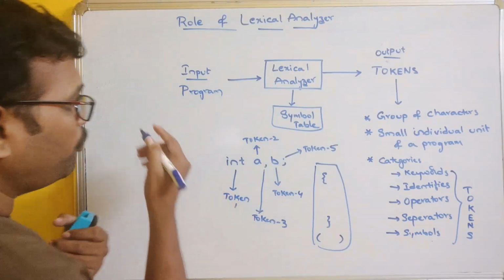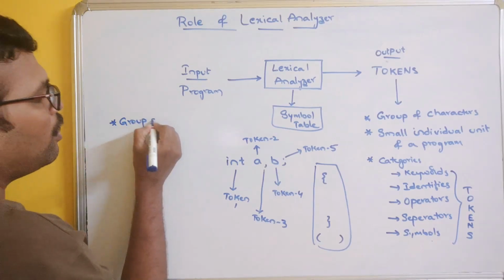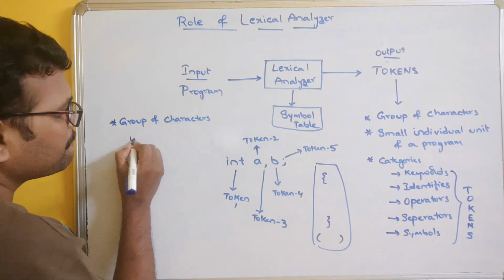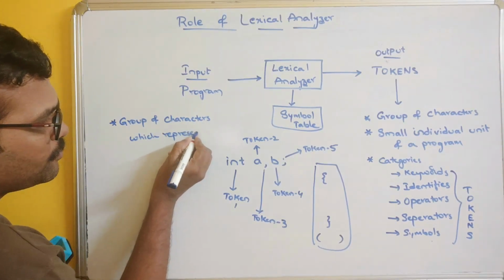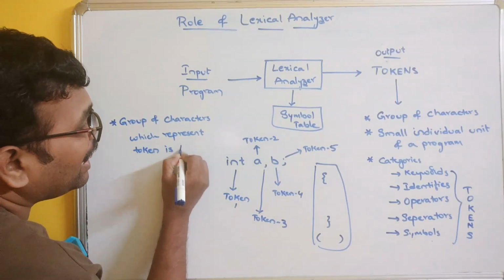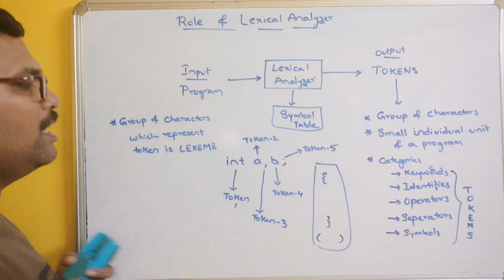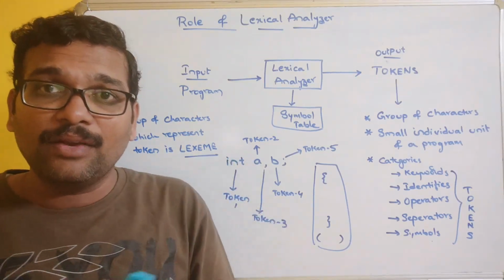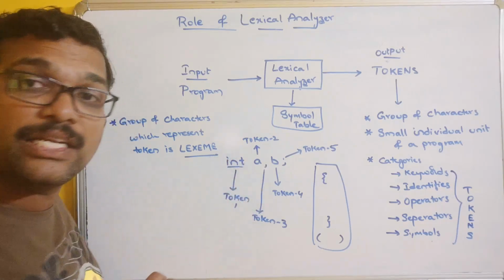And one more concept: the group of characters which represents a token is a lexeme. Lexeme means a group of characters which represents the token. For example, we are saying this int is a token.